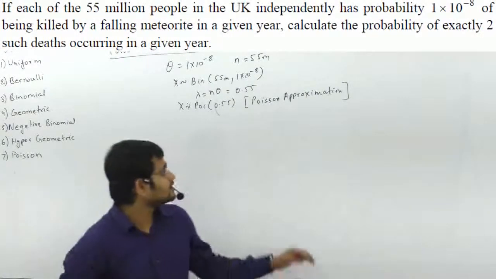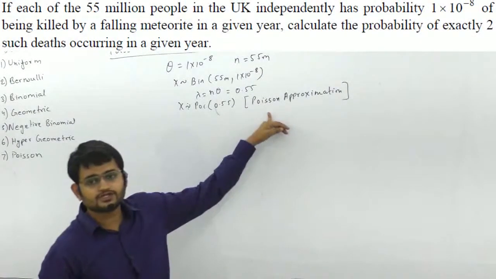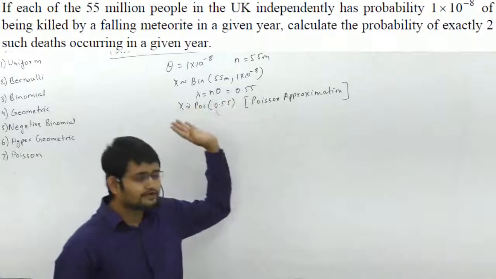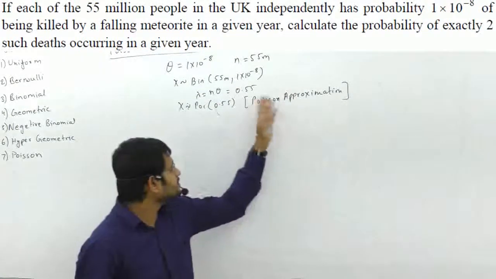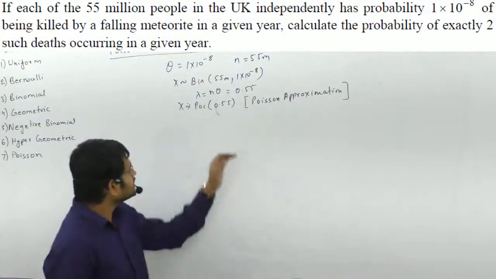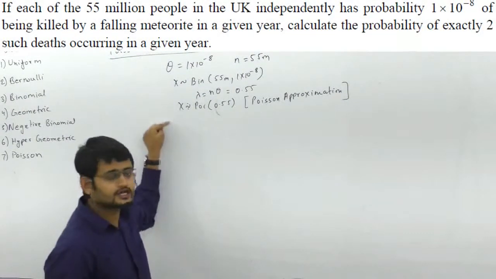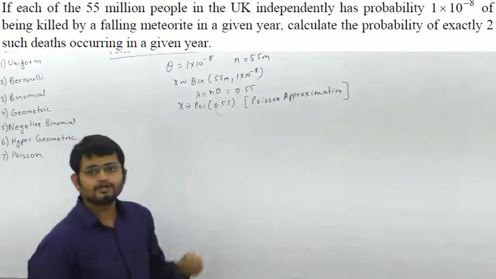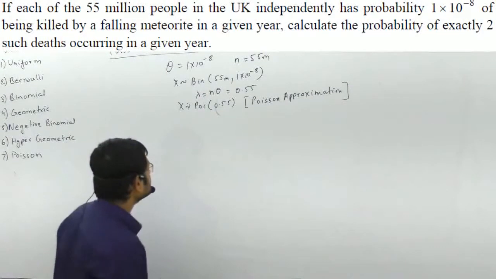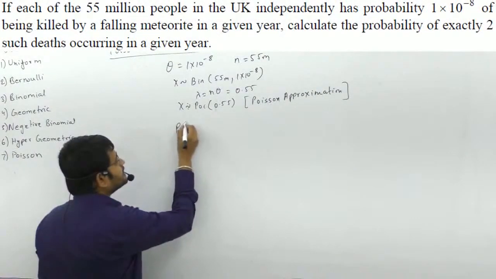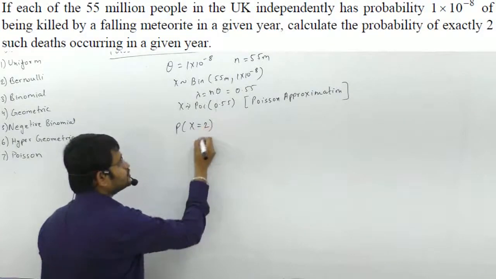So we are using Poisson approximation to binomial distribution. You don't have to write the full term, just write Poisson approximation, or you can even skip that. It is understood that you are using Poisson approximation. Now we have to find probability that x is equal to 2.